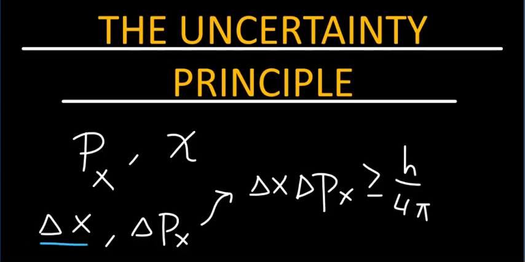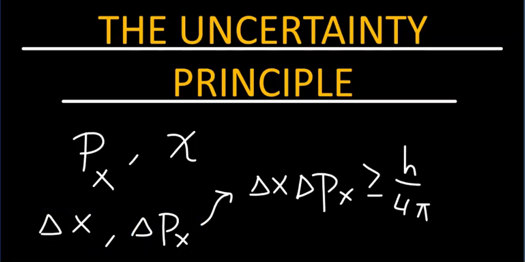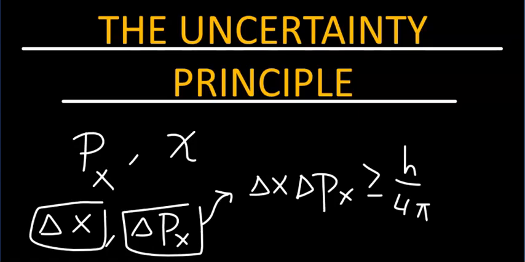Delta x and delta px signify the precision in the position and x component of the momentum measurement respectively. So higher the precision, lower the uncertainty.